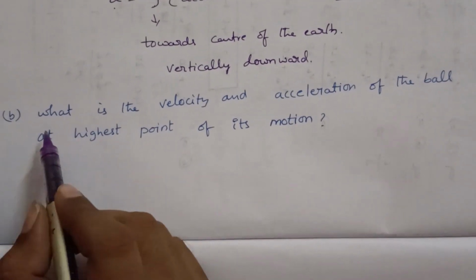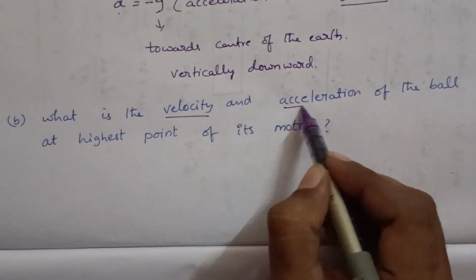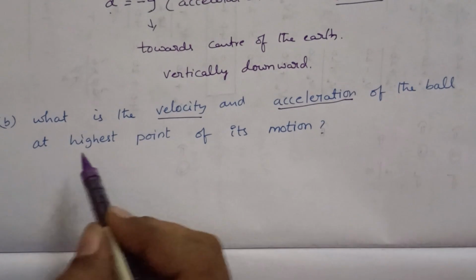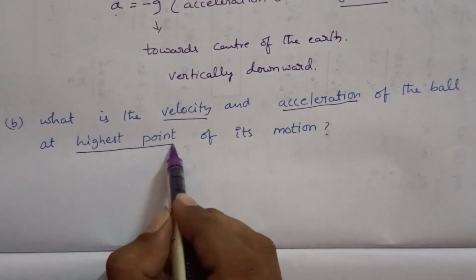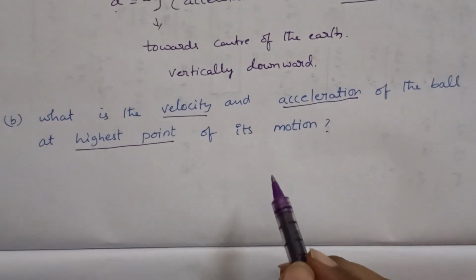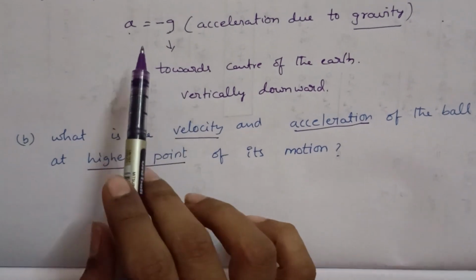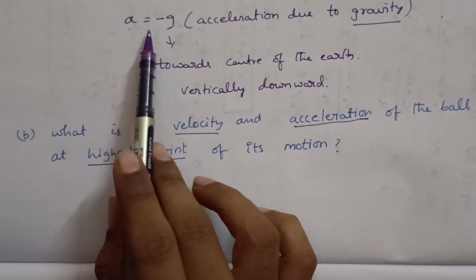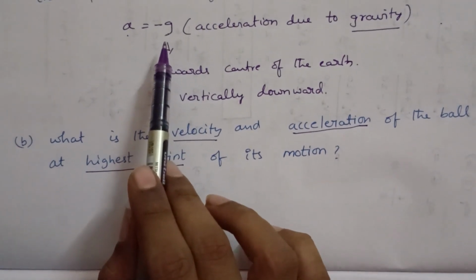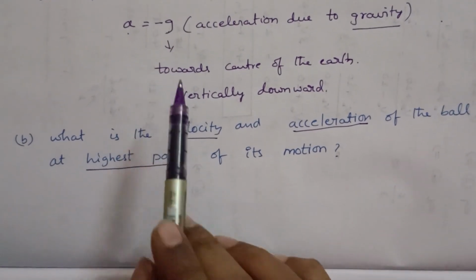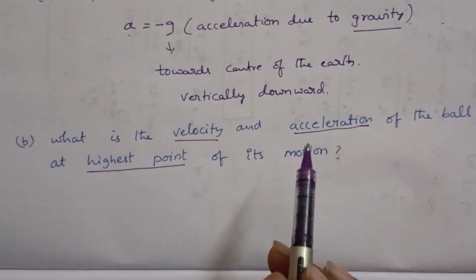Now the second question, B: what is the velocity and acceleration of the ball at the highest point of its motion? As we discussed earlier, acceleration due to gravity always acts in the vertically downward direction.